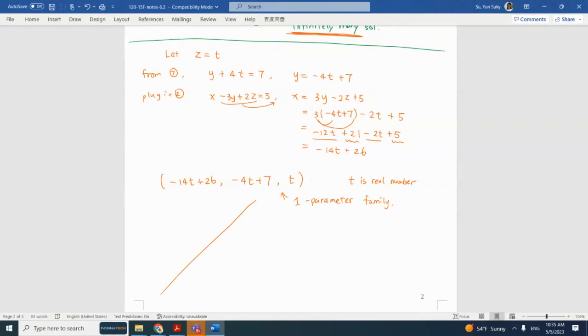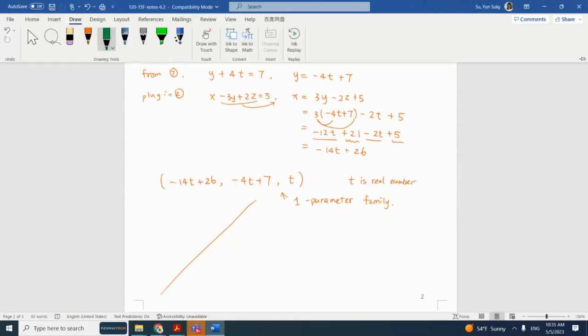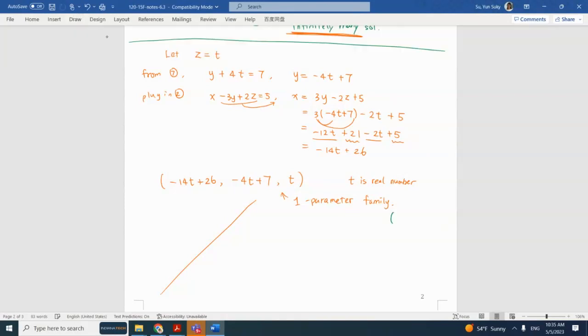Do you know how to draw a point in the space? You know how to do that? Okay, let me teach you. So draw a point in space. Let's say you have 1, negative 2, and 3. How do you plot this point in space?